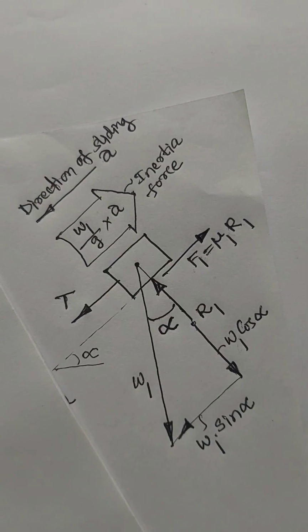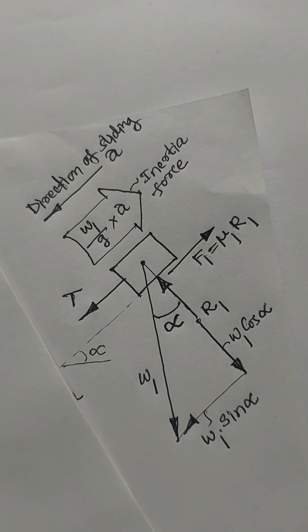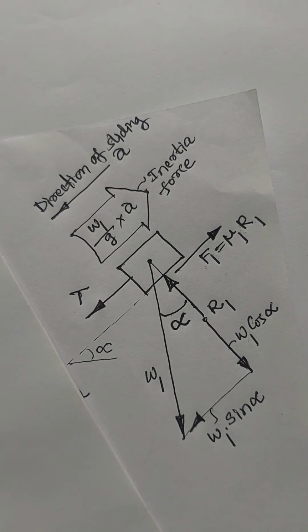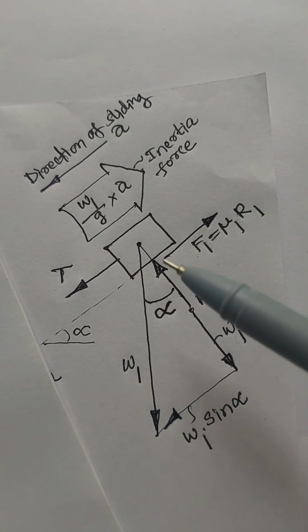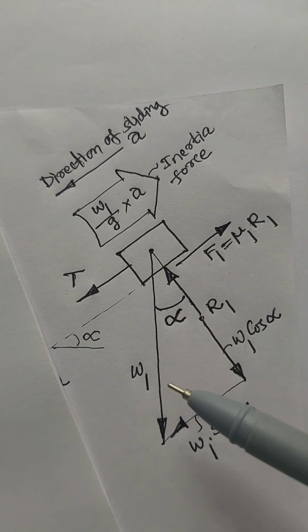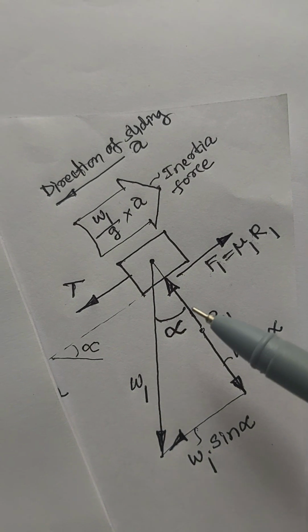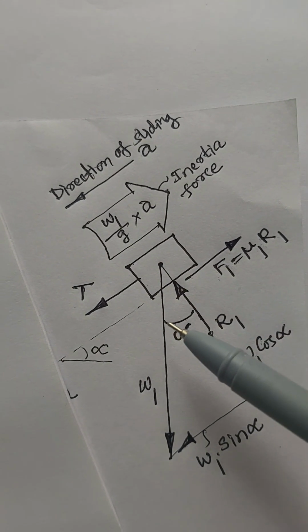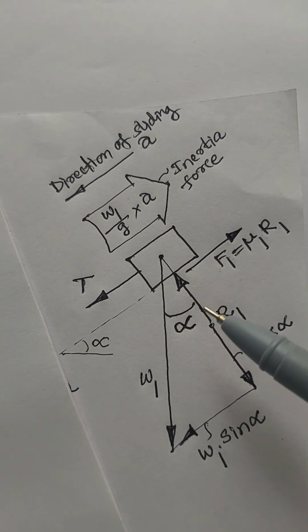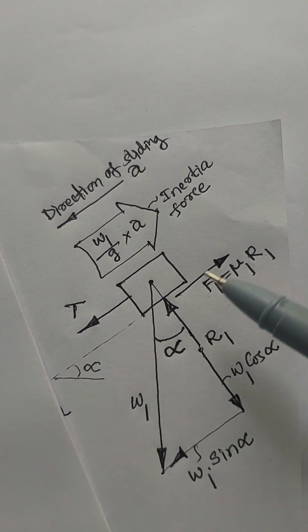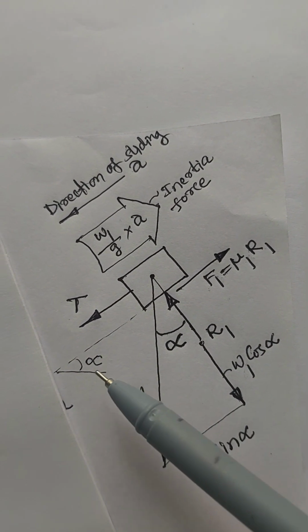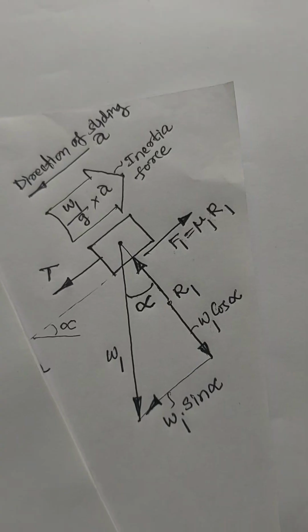This is the free body diagram of block W1. The angle between the weight of the block and normal reaction force R1 is alpha. This is the angle of inclination between the inclined plane and horizontal ground, alpha.